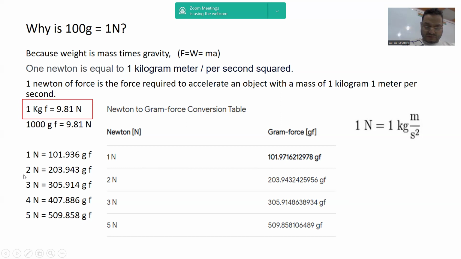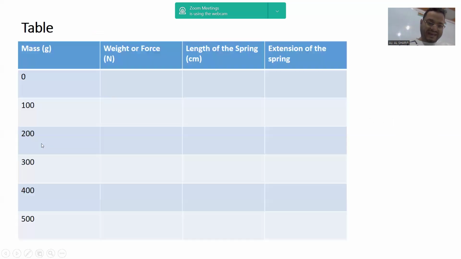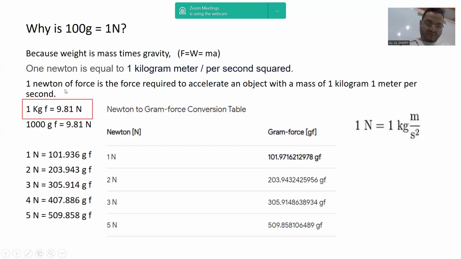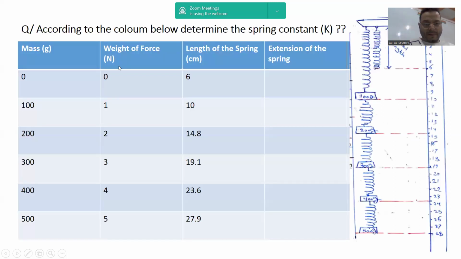We will use approximate results to make your task easier. 101 point something will be 100, 200, 300, 400, 500. For anyone who wants to ask how you can convert gram to Newton, we use this way from these two functions. Here, that means I have 1 Newton until the last step, which was 5 Newton.